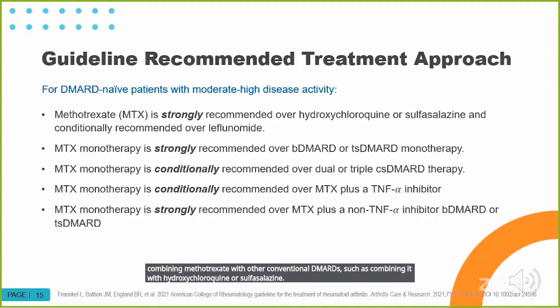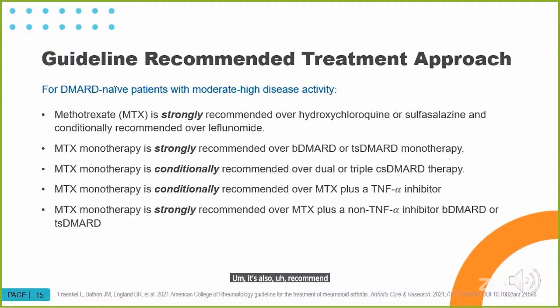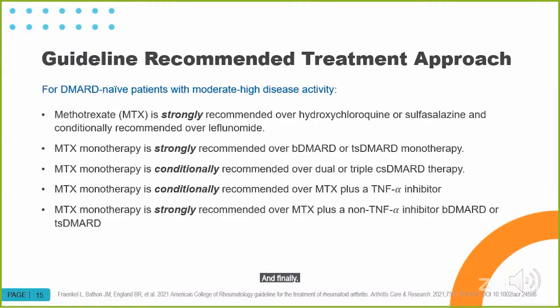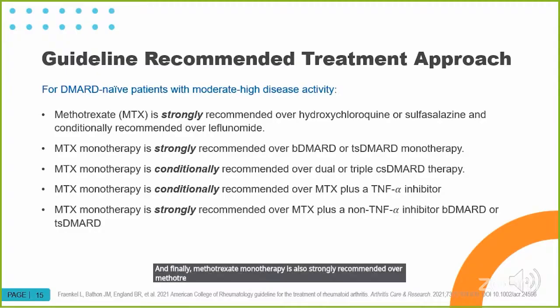It's also recommended as monotherapy over combining it with a TNF alpha inhibitor. And finally, methotrexate monotherapy is also strongly recommended over methotrexate plus a non-TNF alpha inhibitor biologic or a targeted synthetic DMARD.